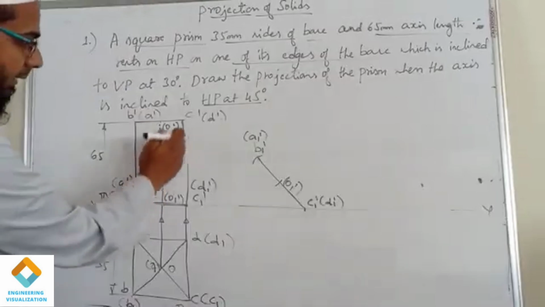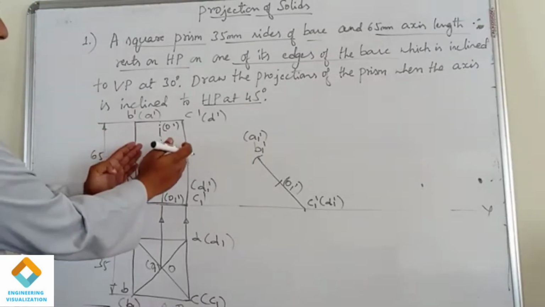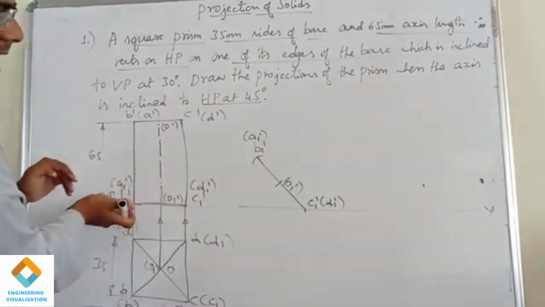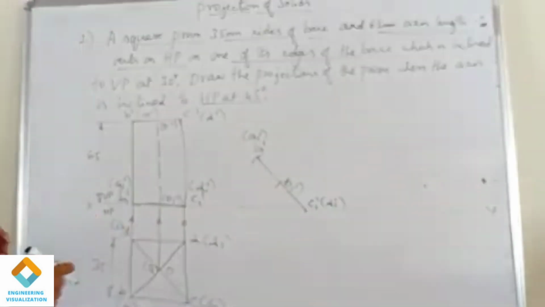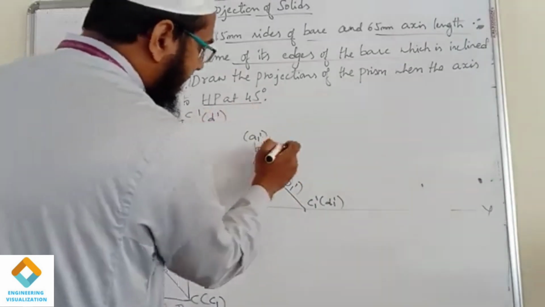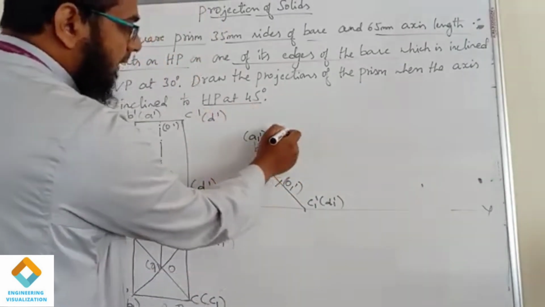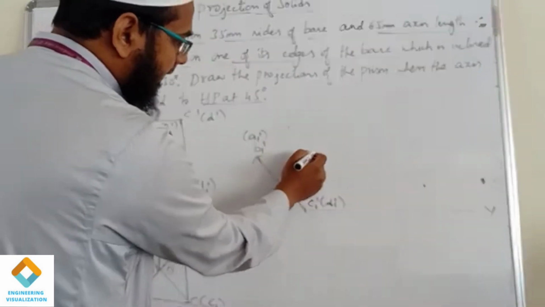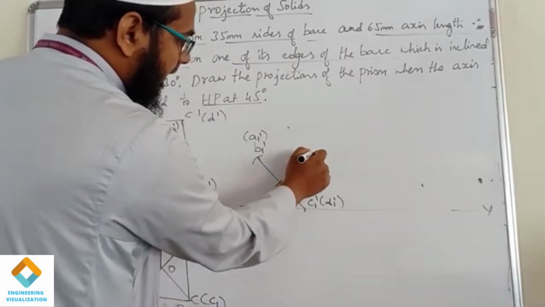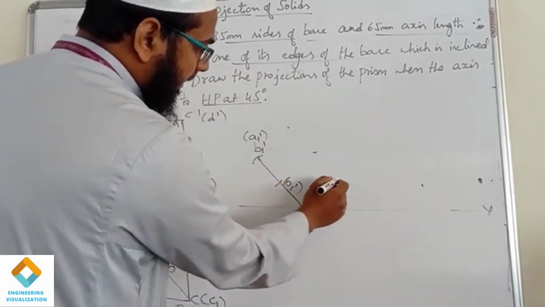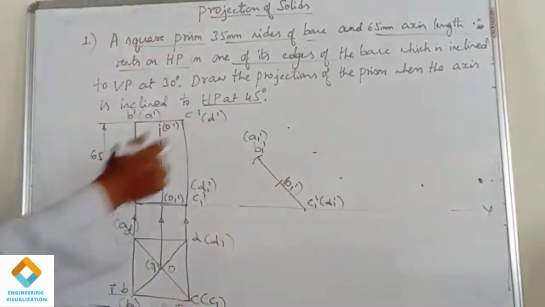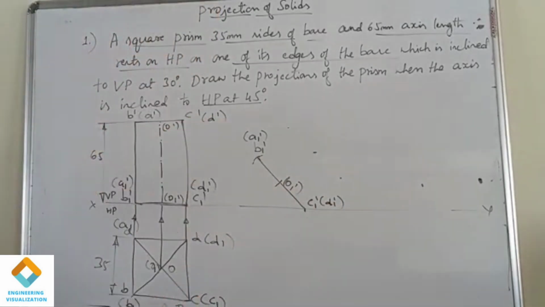Now we have to draw these vertical lines. These three vertical lines are exactly perpendicular to this base line. So take the protractor, keep it at this reference point and mark 90 degrees. Similarly, keep the protractor and mark 90 degrees here. After drawing the 90 degrees, this length we know is 65.